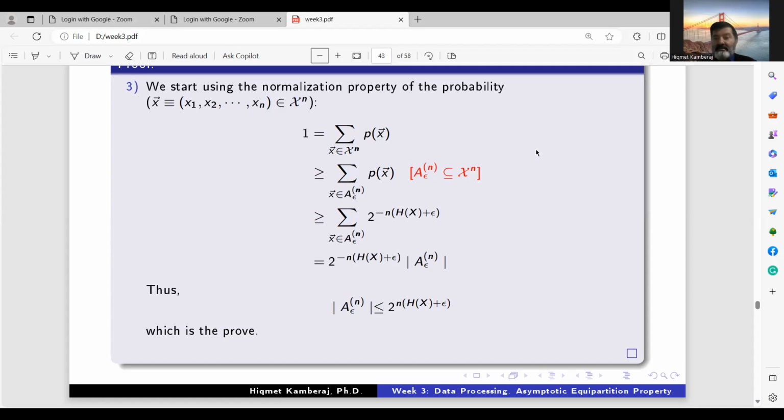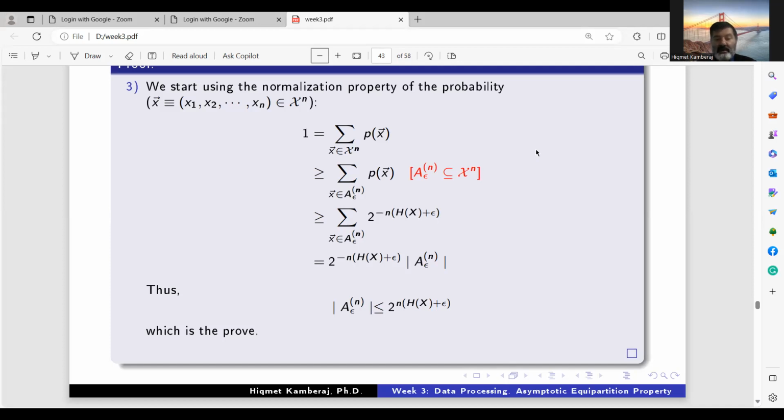Since p of x are numbers between 0 and 1, this sum is greater or equal to the sum of all x vectors from A epsilon to the power n of p of x. Now, based on the previous theorems, this is greater or equal to the sum of all x from A epsilon n of 2 to the power minus n(H(x) + epsilon).